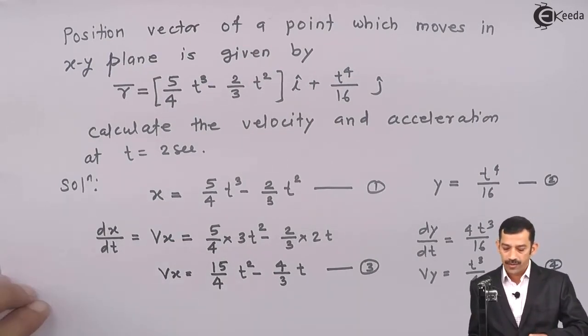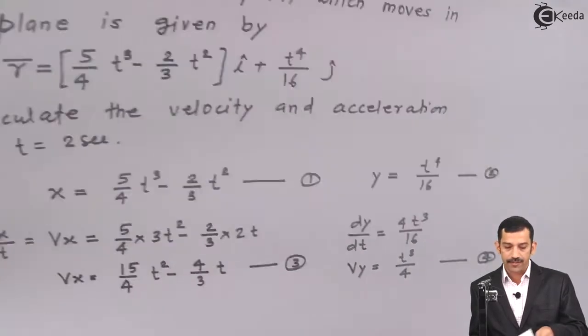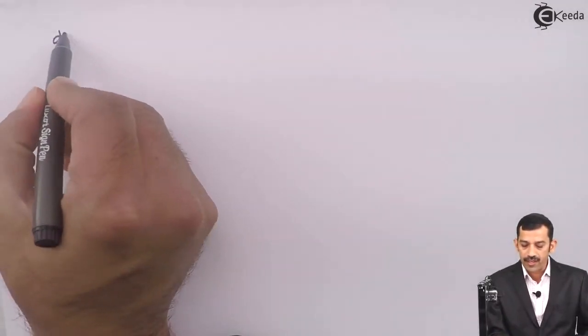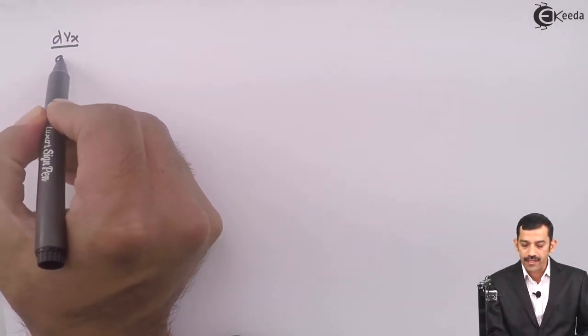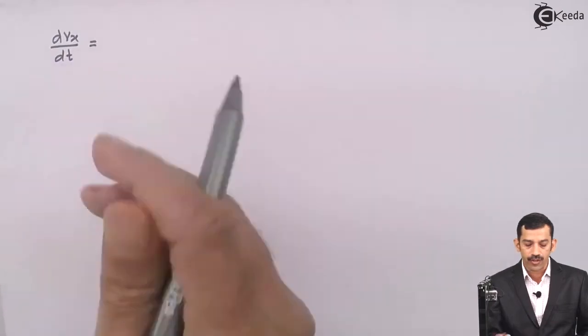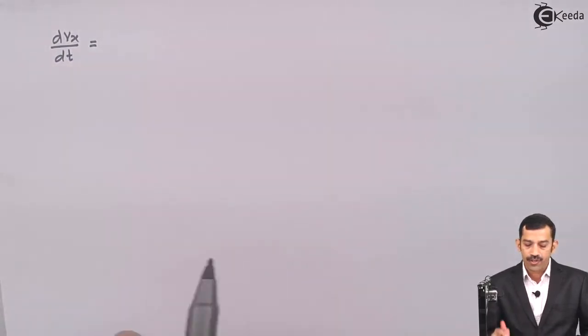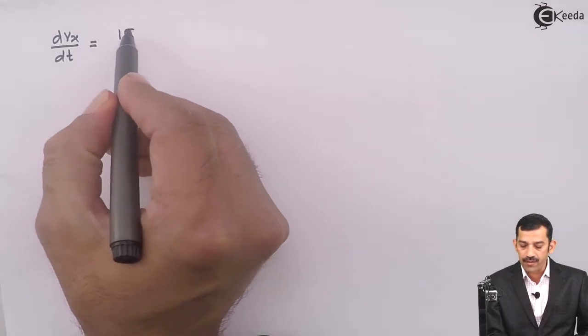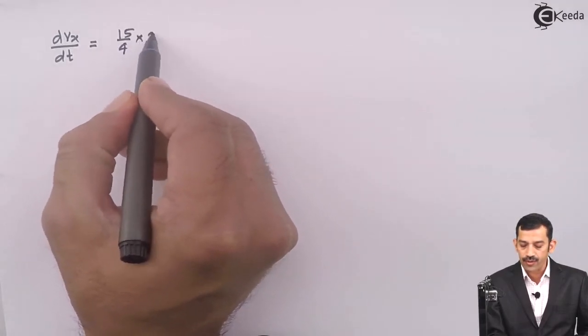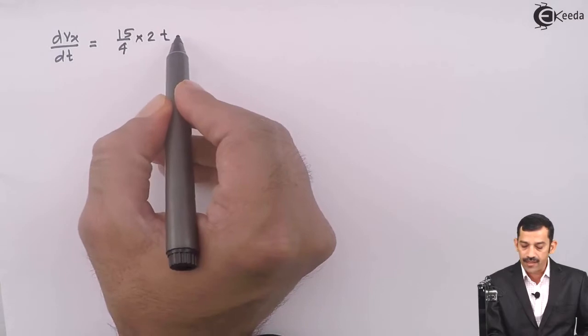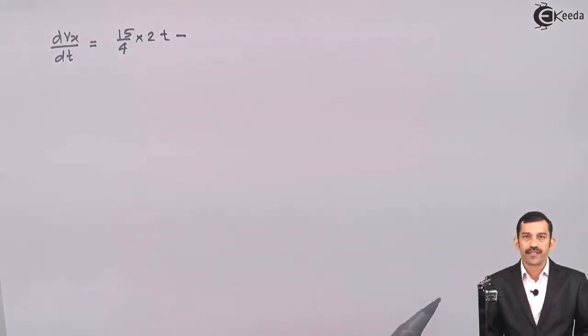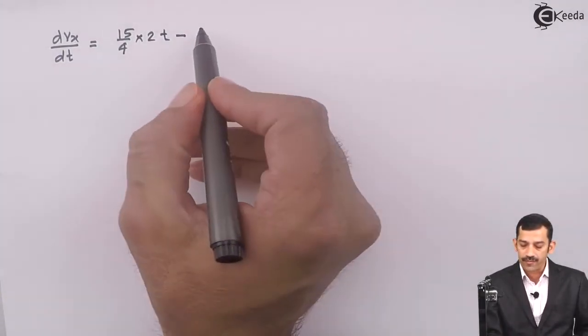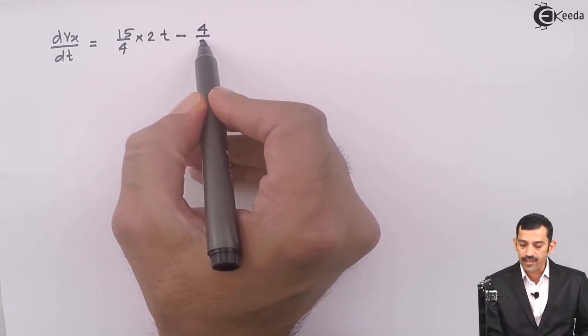Therefore, if we differentiate equation number 3, what will we get here? dVx by dt, which is equal to 15 by 4 t square, that means 15 by 4 into 2t, minus 4 by 3 t, differentiation of t is 1, therefore 4 by 3.